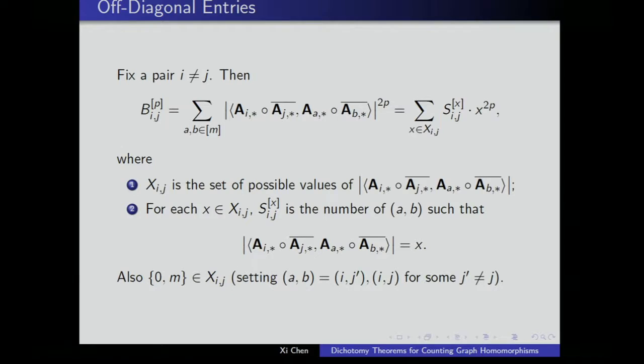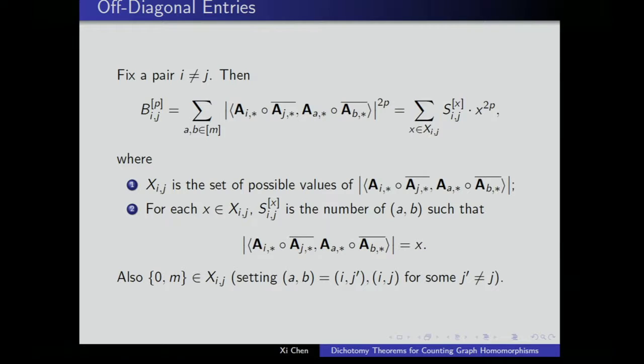Now, let's use the following notation. X sub ij is the set of all possible values of the norm of this inner product, by taking A and B to be all possible values.